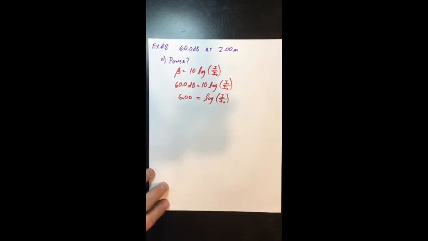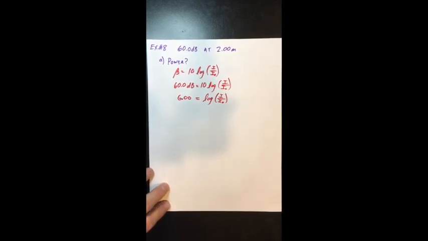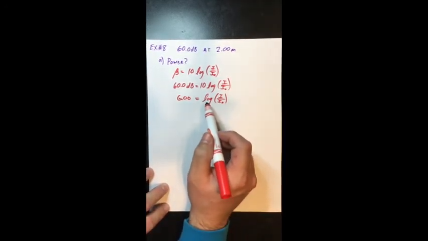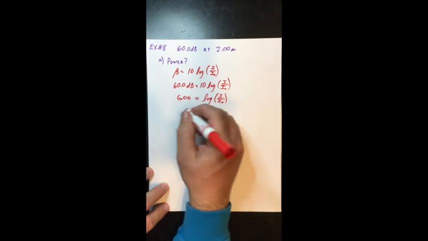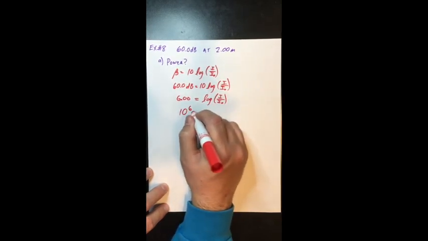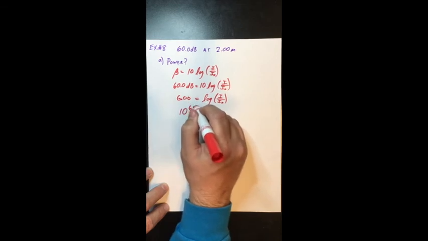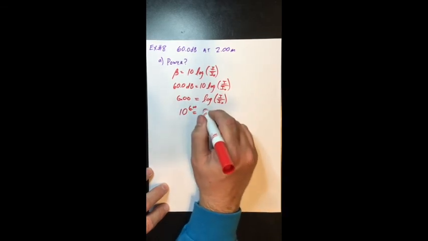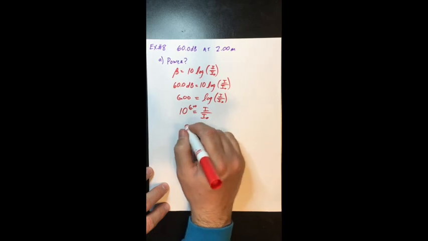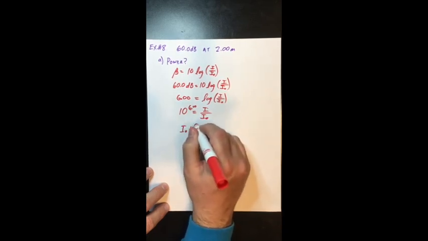From pre-calculus or algebra, when we want to solve a logarithm, we can do that by rewriting it as an exponential. So this becomes 10 to the 6th, or 10 to the 6.00 technically, equals I over I naught. So finally, when I want to get that intensity I all by itself, I will equal I naught times 10 to the 6th.